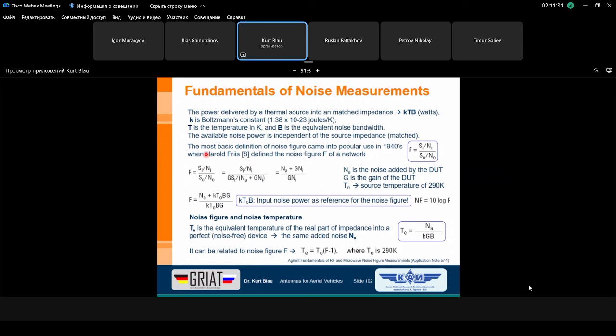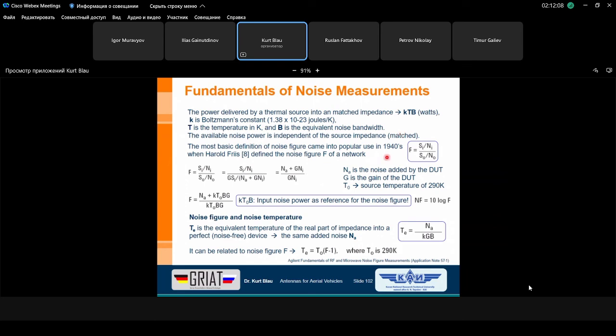The name of this man was Harold Friis, and he defined the noise figure F. You can find this F expressed on a linear scale, or in a lot of cases as a number given in dB. But we have to be very careful whether we apply this F in dB or in linear scale. This is the definition of the noise figure developed by Harold Friis.